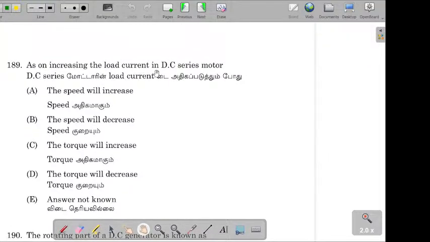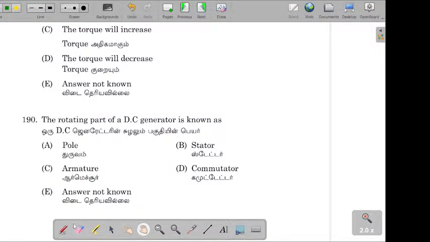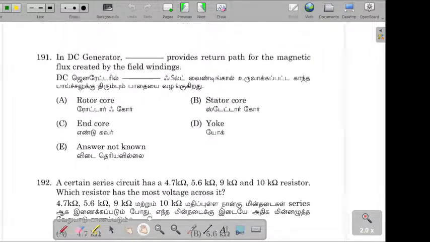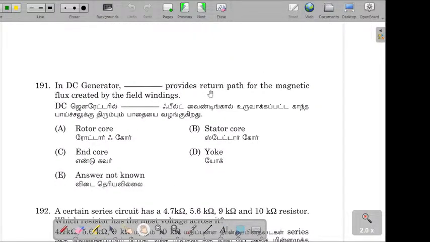On increasing the load current in DC series motor, speed will decrease. The rotating part of a DC generator is known as armature. In DC generator, yoke provides return path for the magnetic flux created by the field windings.